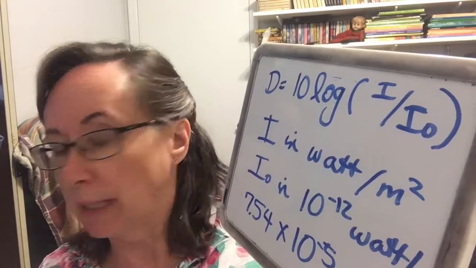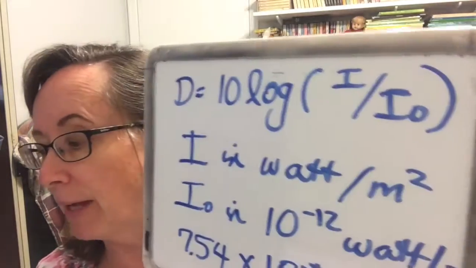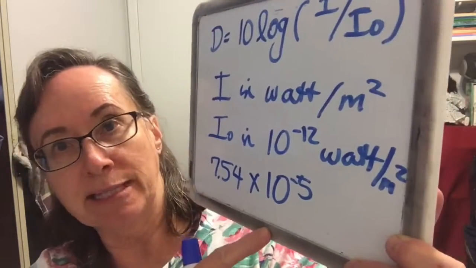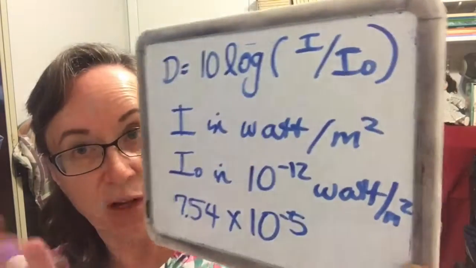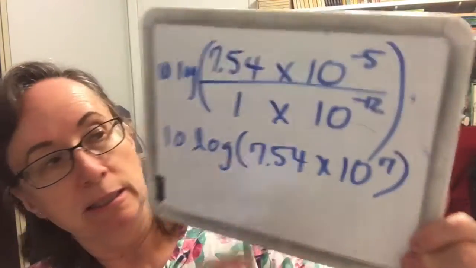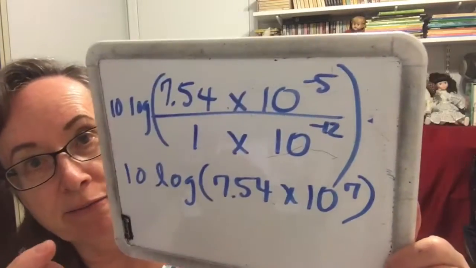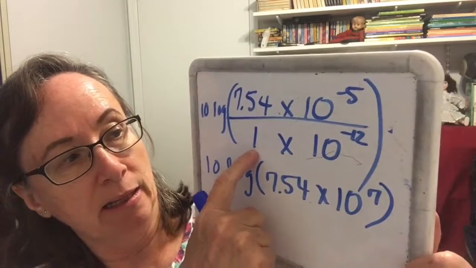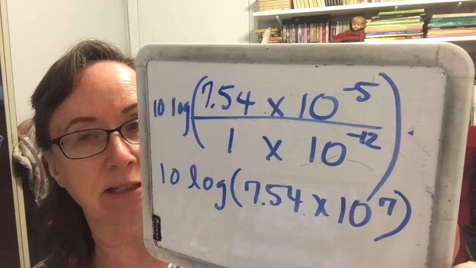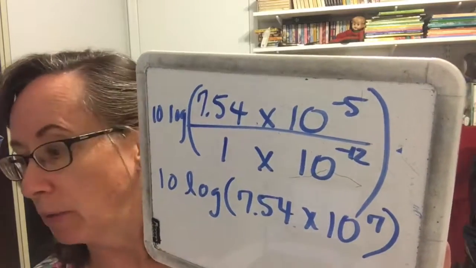What is the decibel level, D, of a noise whose intensity is 7.54 times 10 to the negative 5? Okay, so all we have to do is take 7.54 times 10 to the negative 5, and we have to divide it by 1 times 10 to the negative 12, which is what they gave us as a constant for I sub 0.